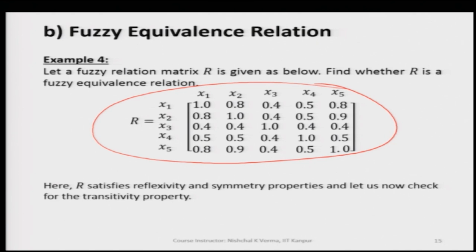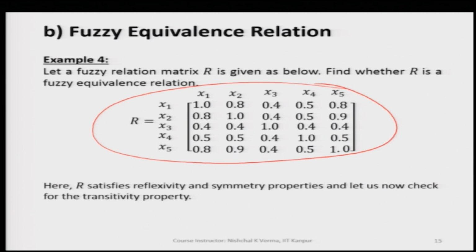So, if we need to check whether this fuzzy relation qualifies to be called a fuzzy equivalence relation or not, we need to check for the three conditions. First condition is reflexivity, second condition is symmetry, and the third condition is transitivity. Let us quickly go ahead and check for that.